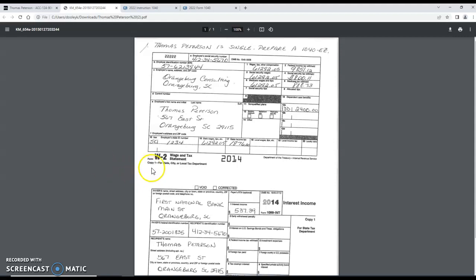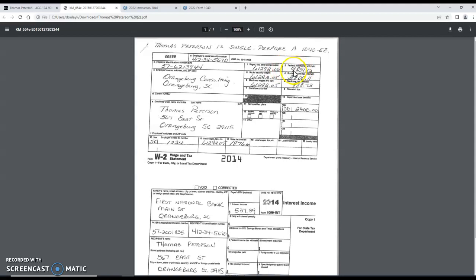So this first form here is a W-2, which means that Thomas Peterson, as the employee, got wages from his employer, Orangeburg Consulting. In box 1 is the total wages he got that are taxable for income tax.